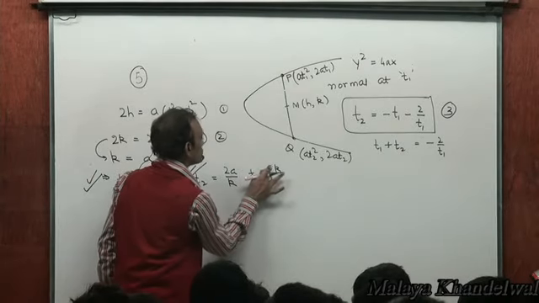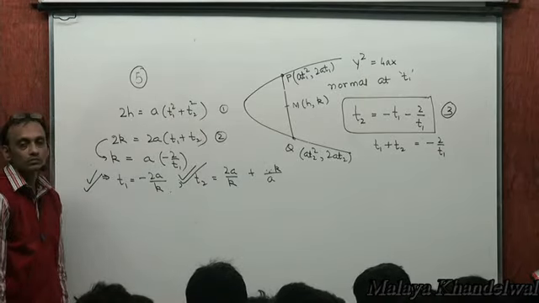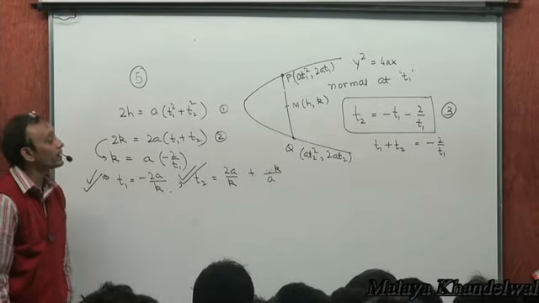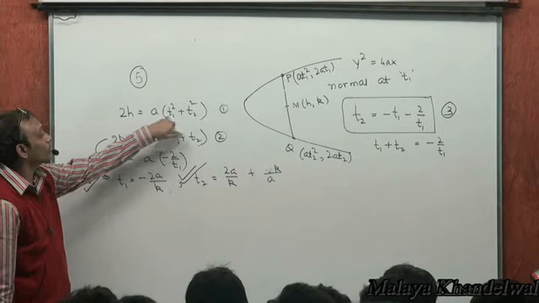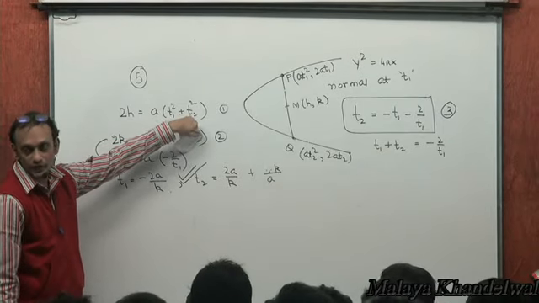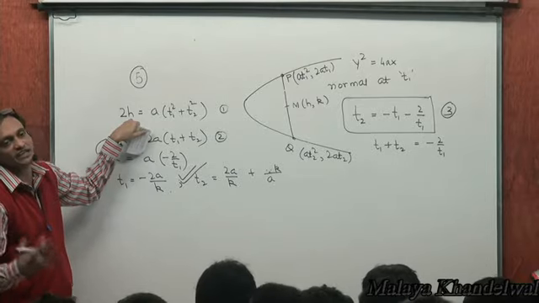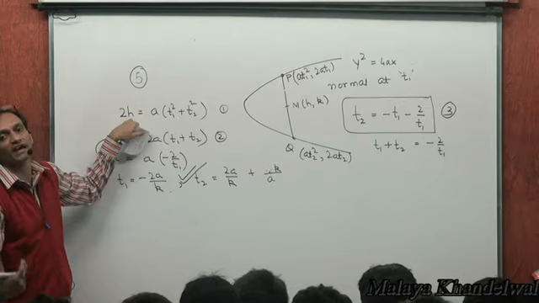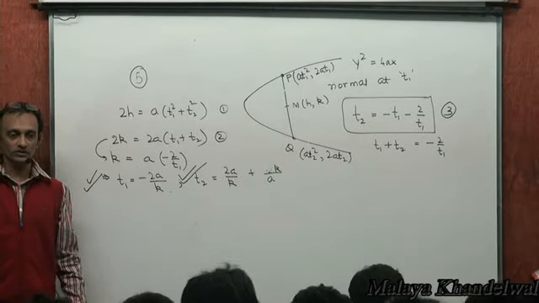Oh, k by, I'm sorry, k by a. That's right. So T1 is this, T2 is this, and all that you need to do is T1 squared plus T2 squared can be plugged in terms of h and k. Use this equation, h and k get connected, generalize that, replace h by x and k by y to get the required locus.